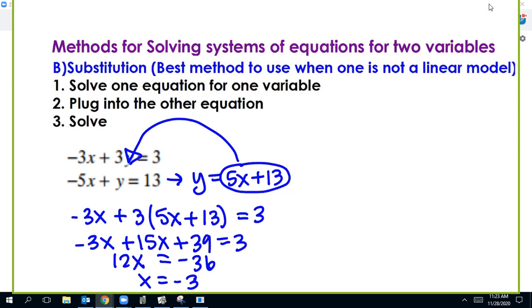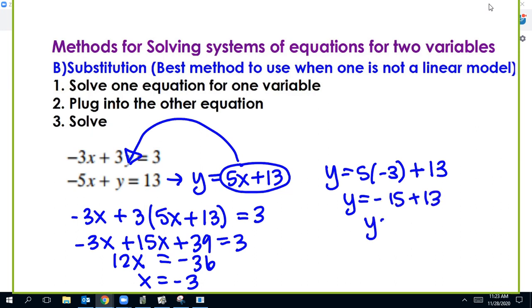And then now I know y equals 5x plus 13, so to find y, I'll plug in that -3, kind of substituting again. And -15 plus 13 is going to be -2. And we again write our answer as an ordered pair in the form of (x, y).